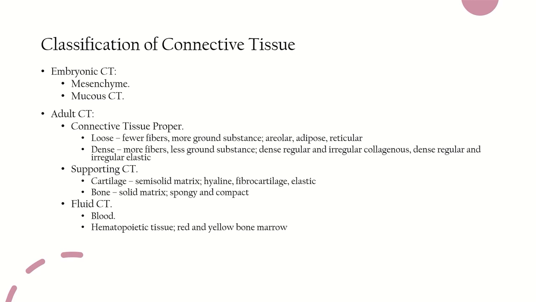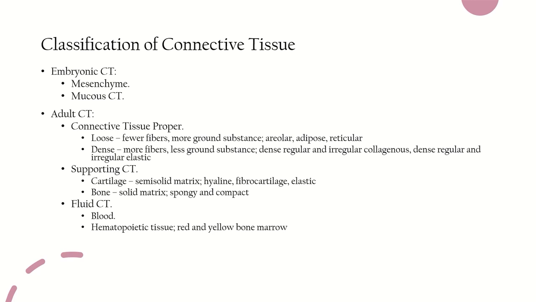Then when you talk about adult connective tissue, so we're born, we've grown, fully matured, we have connective tissue. You could have loose connective tissue, where the protein fibers are relatively loose. There's a lot more ground substance, such as adipose tissue, areolar tissue like in your lungs, and reticular tissue.